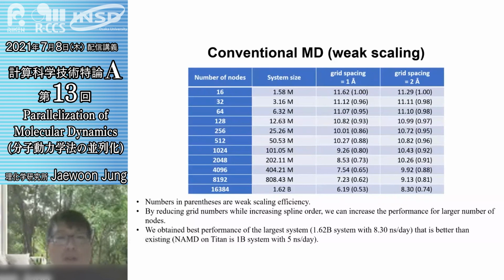For example, for this system, we obtained 8.3 nanoseconds per day. But if I look at other programs' performance until now for very large systems, we found that the best one is around 5 or 6 nanoseconds per day for a 1 billion atom system.